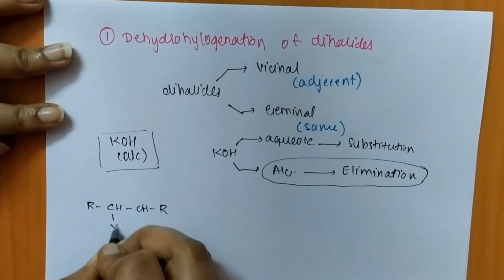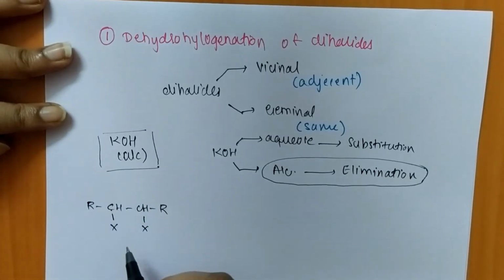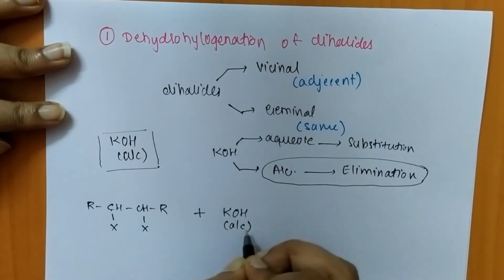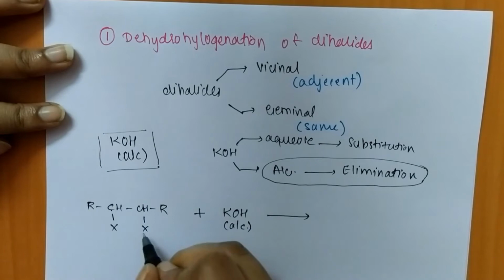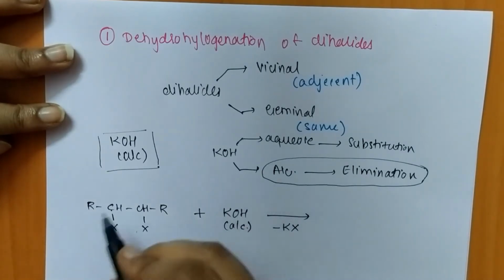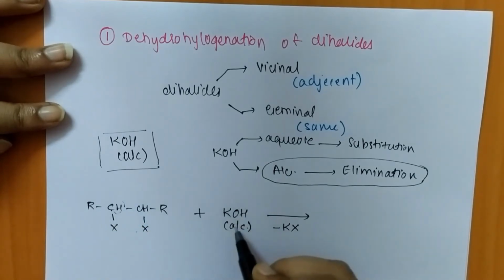Now let us consider a vicinal dihalide, that is RCHX-CHXR. As I told, the halogen atoms attached to adjacent carbon atoms make it a vicinal dihalide. When it reacts with alcoholic KOH, the K is going to go with the halogen atom, and therefore we get minus KX, and then H2O, because the hydrogen atom bonds with the OH portion of the KOH.